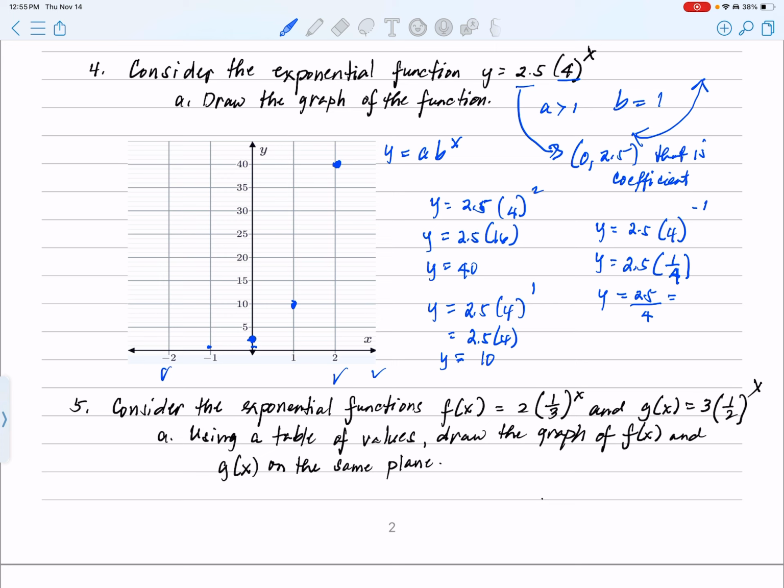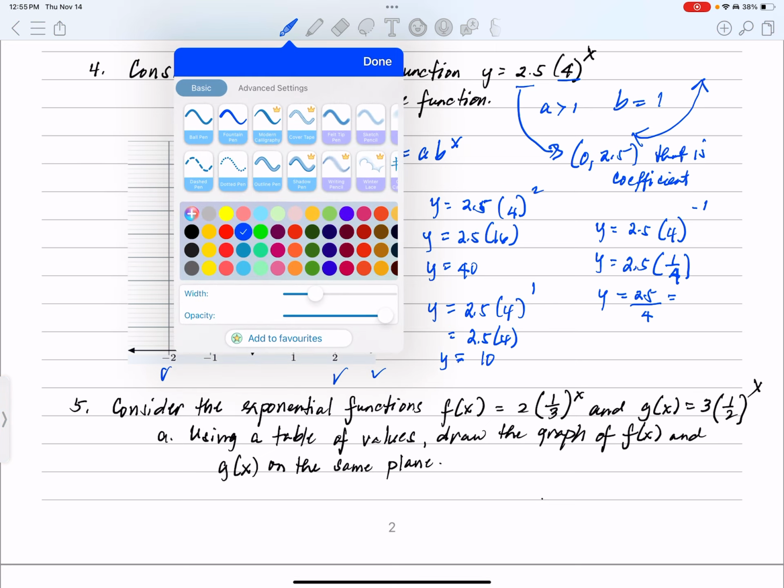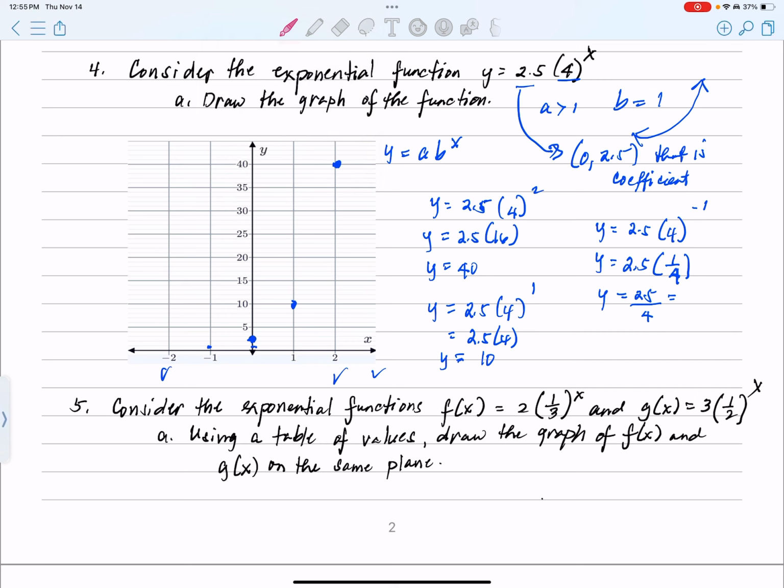I will use another color to give us a nice view of the graph. There you go.